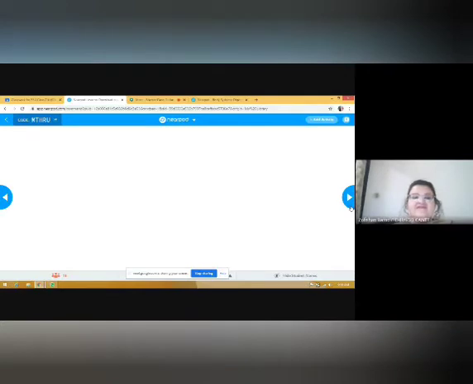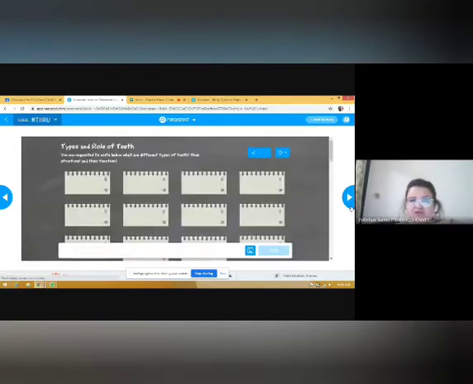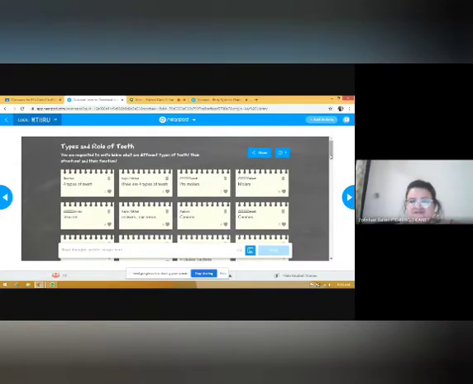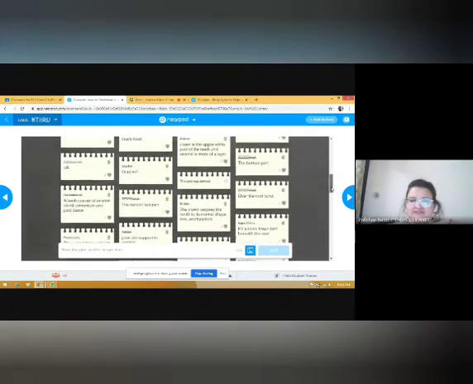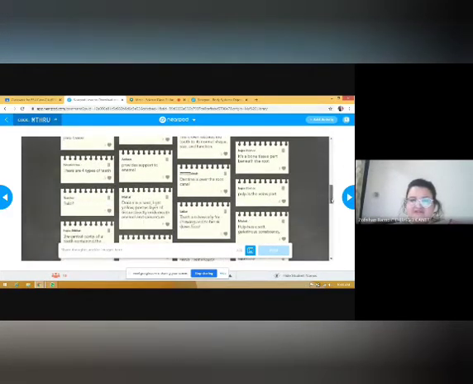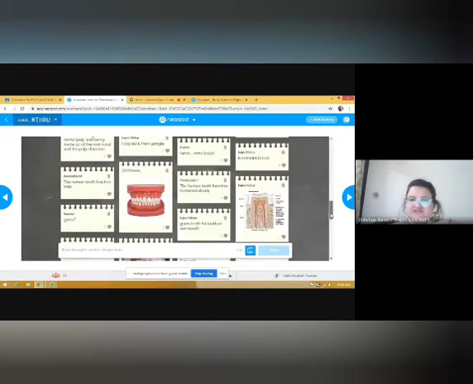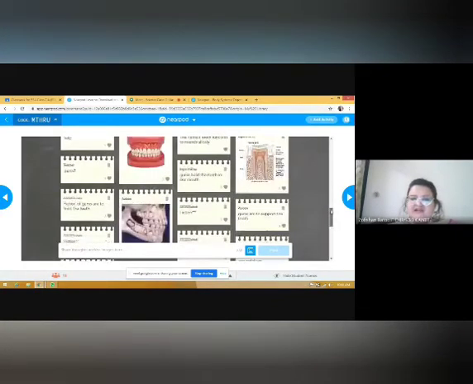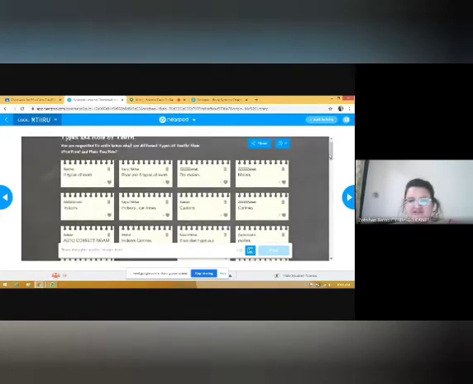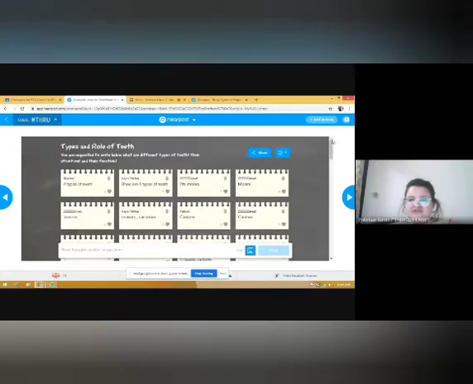So we have studied up till here, and then we had a discussion board on which we discussed the types of teeth, the structure and function of teeth, and the function of different teeth. We had a very good discussion yesterday about the structure of teeth. All right, so now today we are going to move forward from teeth.